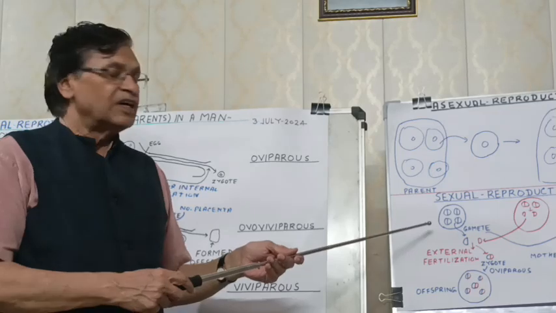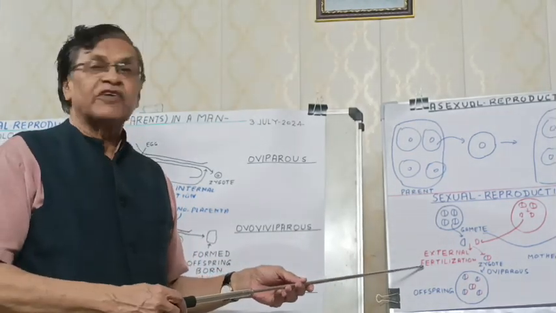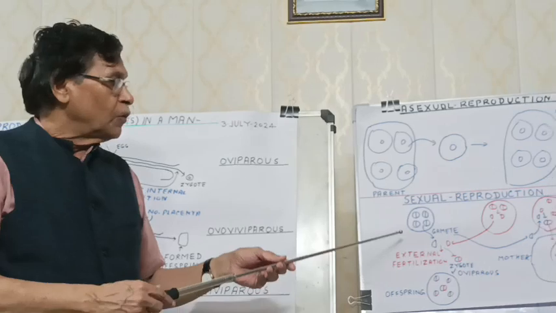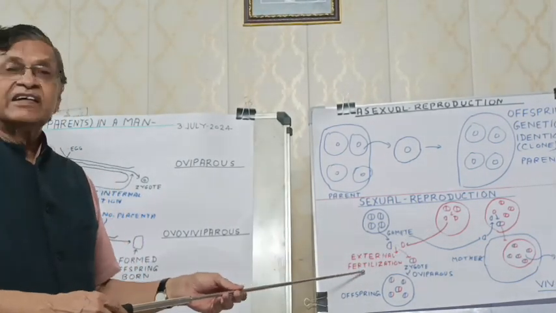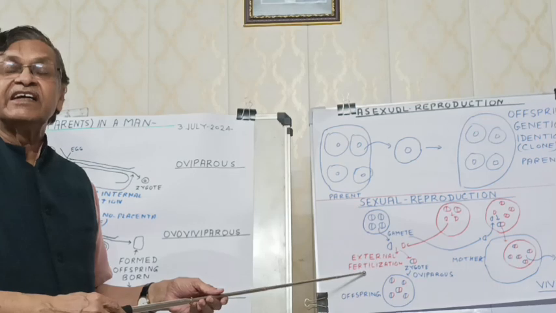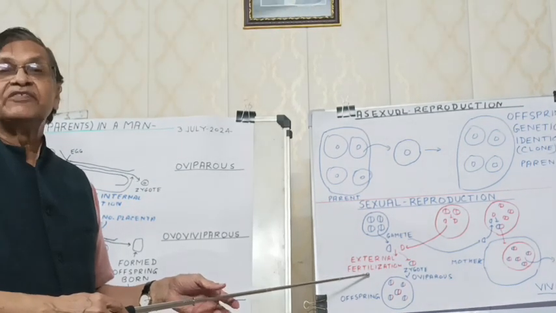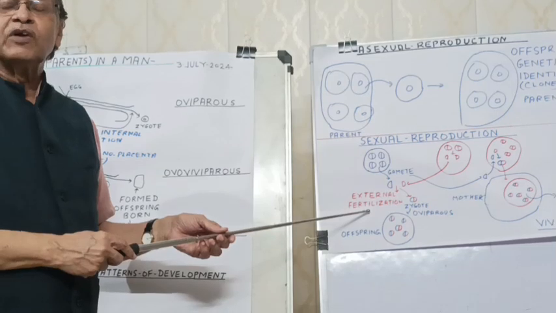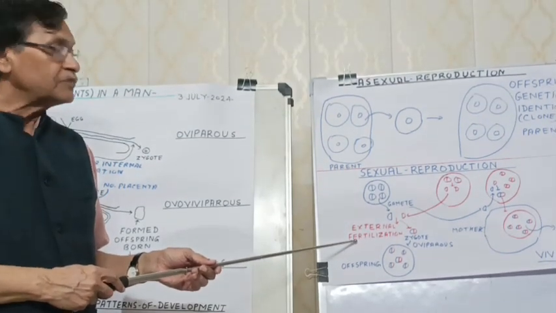In some of the lower animals, we have external fertilization in which both male and female gametes are released outside in water, and there they fuse with each other to form a zygote. This is external fertilization.